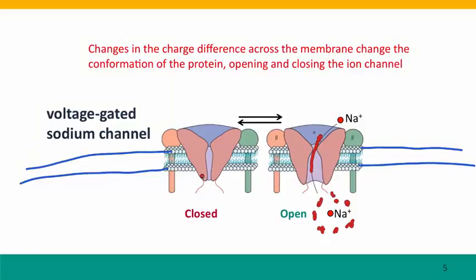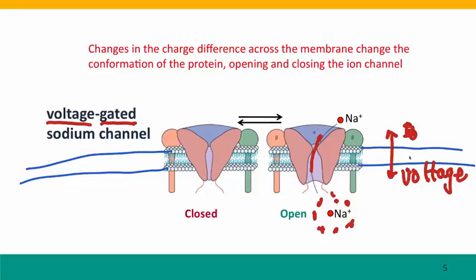Now, this membrane transport protein is gated by voltage. In addition to providing a channel for transport that can open and close, it has sensory subunits, these beta subunits here, which sense the voltage across the membrane, the difference in charge between the two sides of the membrane.